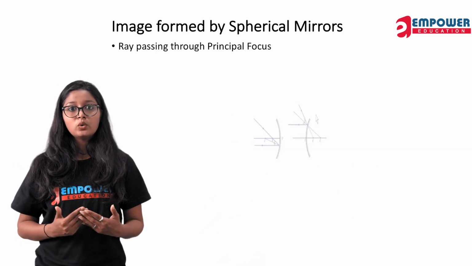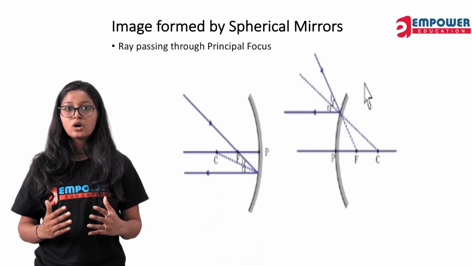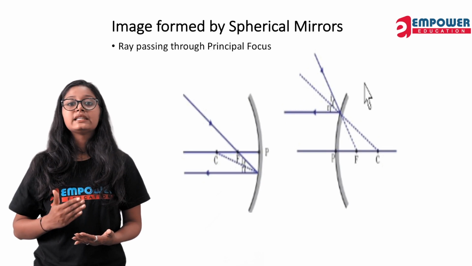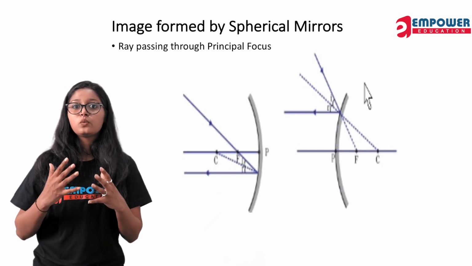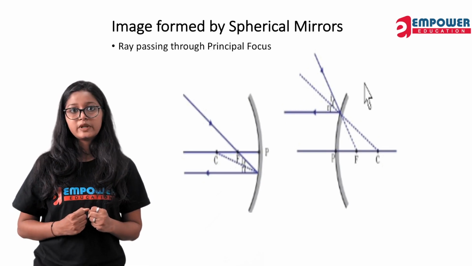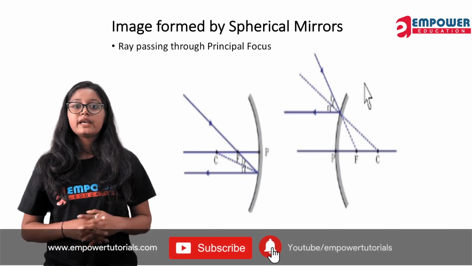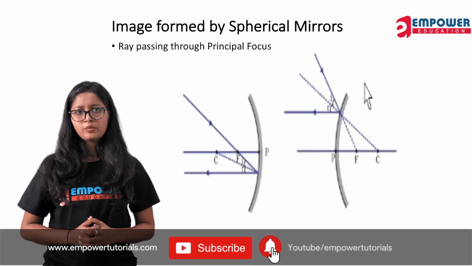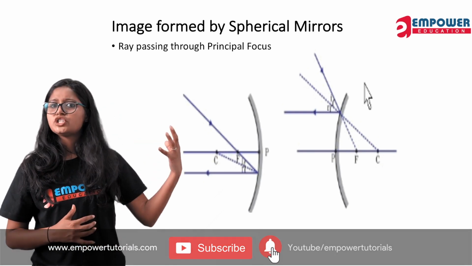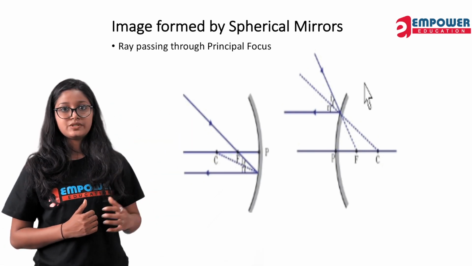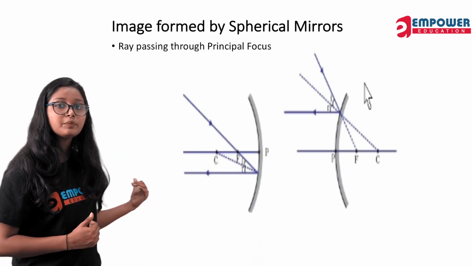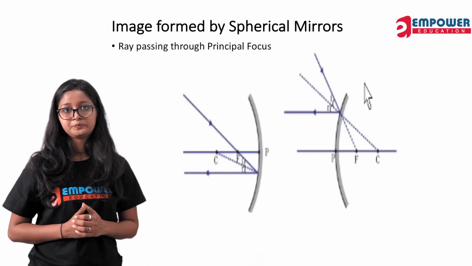Now talking about the second law, or second rule you can say, that should be satisfied when reflection takes place in spherical mirrors. Now, if the ray is passing through the focal point, say an object is kept at some distance and the ray of light is passing through the focal point as shown in the figure.